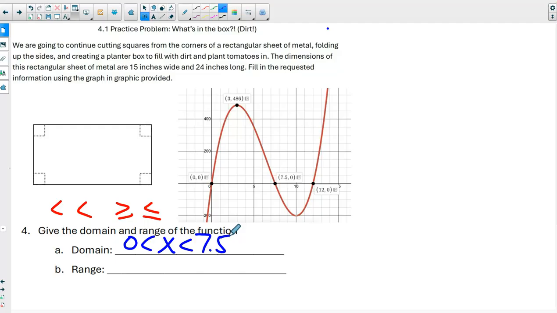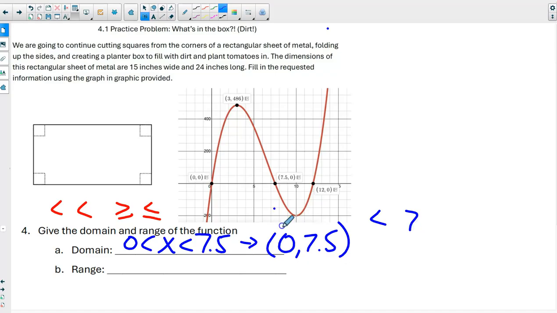I don't have an equal. The other way of writing this would be to write it like this, (0, 7.5). And so this is what we call interval notation. Okay, so you have inequality notation, interval notation. Now I use parentheses if I am not equal to something. I use brackets if I am equal to something. So that's an option if you like.